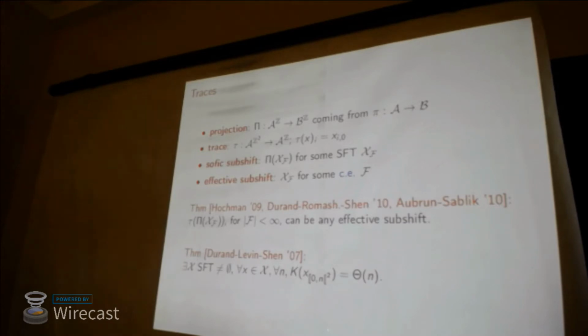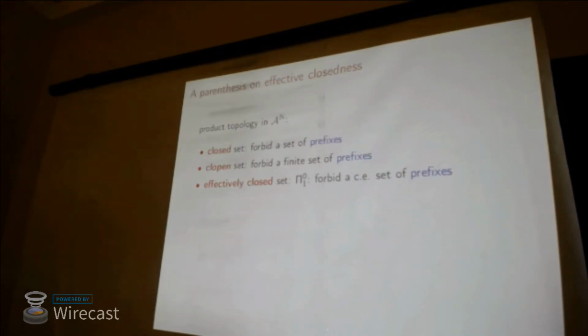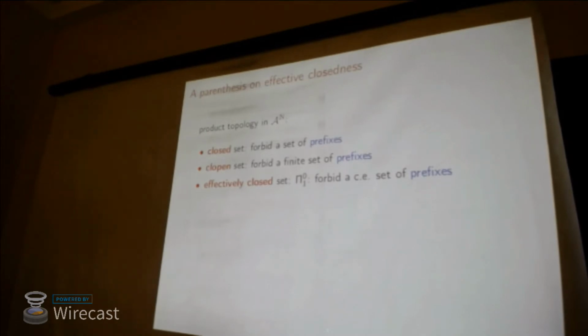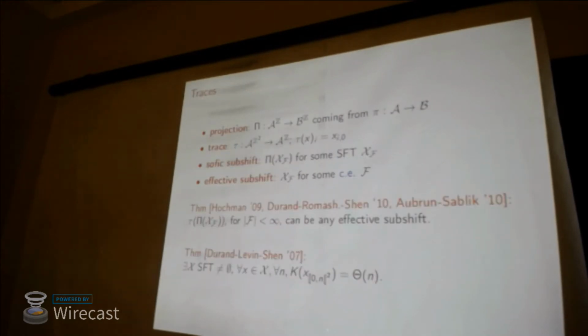The Kolmogorov complexity of every pattern that you find in every configuration is lower bounded by the size of the pattern. Not n squared. Not n squared, because I will say a word on this, because actually n squared is not the best one.